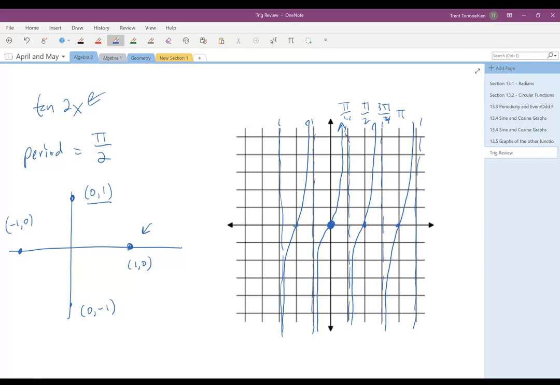But it's happening so that it's trending closer and closer to the asymptote.